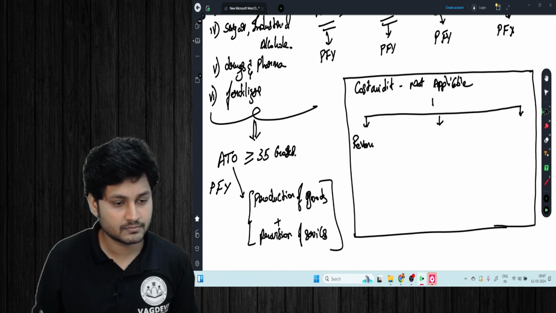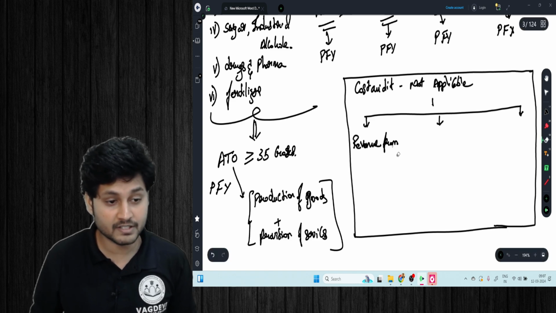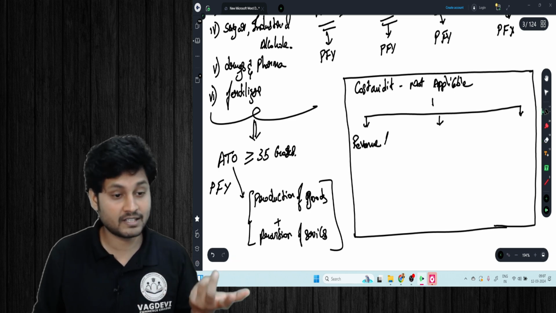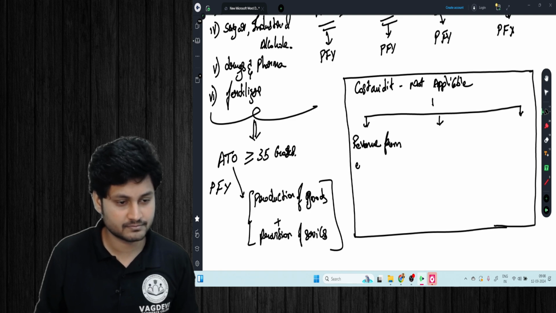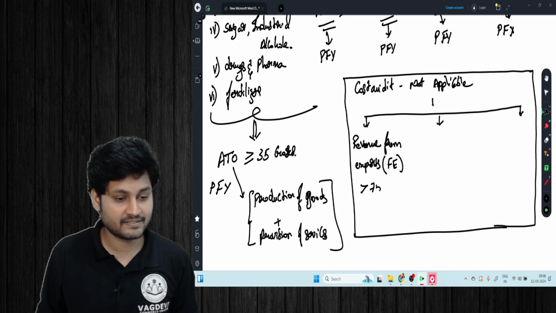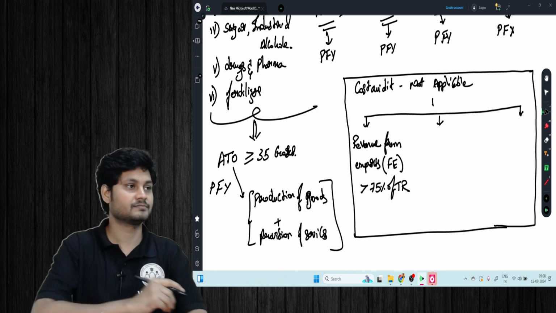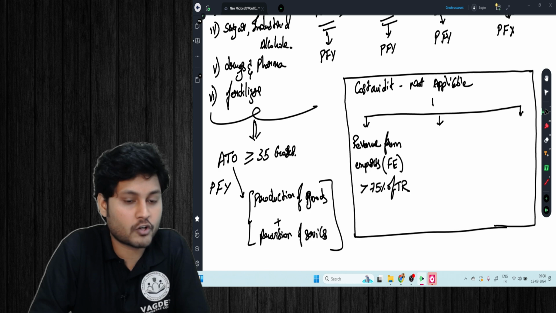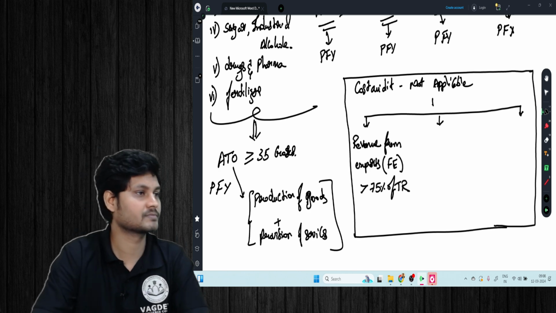Revenue from exports in foreign exchange is more than 75% of total revenue. If the company is satisfying this condition, then cost audit is not applicable. Very beautiful.